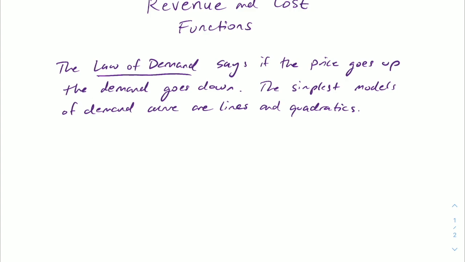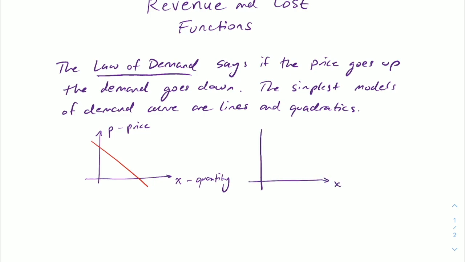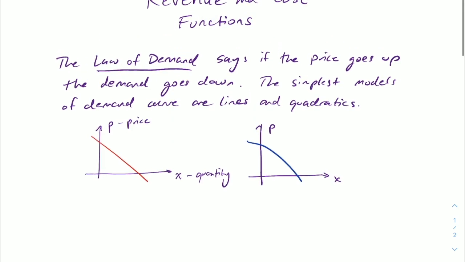So let me show you what I mean here. So if this is X, this is quantity, and this is P, or price, the simplest model will be just a line. Or if you wanted a little bit of curve, you could use a quadratic here. Okay, so that's the law of demand.